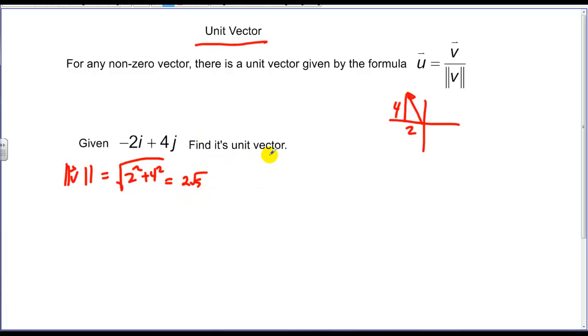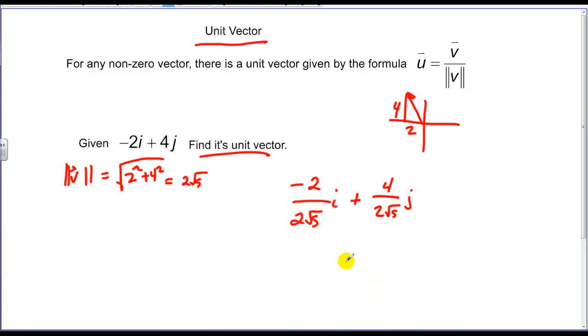And if I want to find the unit vector of this same vector, I take the negative 2, divide that by the magnitude of 2 root 5, and that's its i component, or its horizontal component. And then the vertical component will be given by 4 divided by 2 root 5.